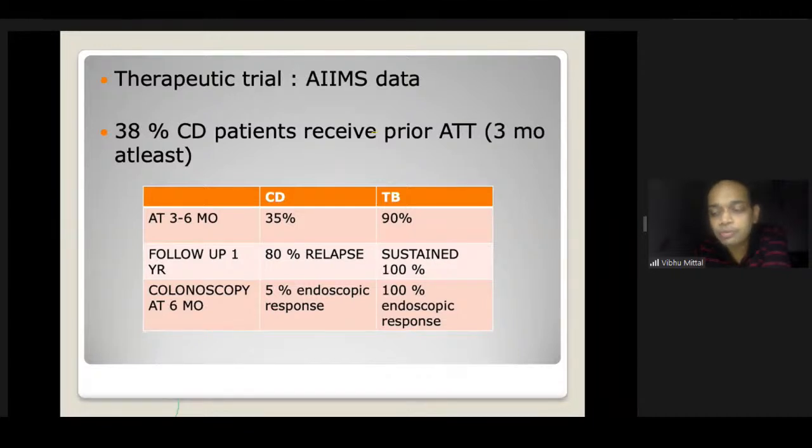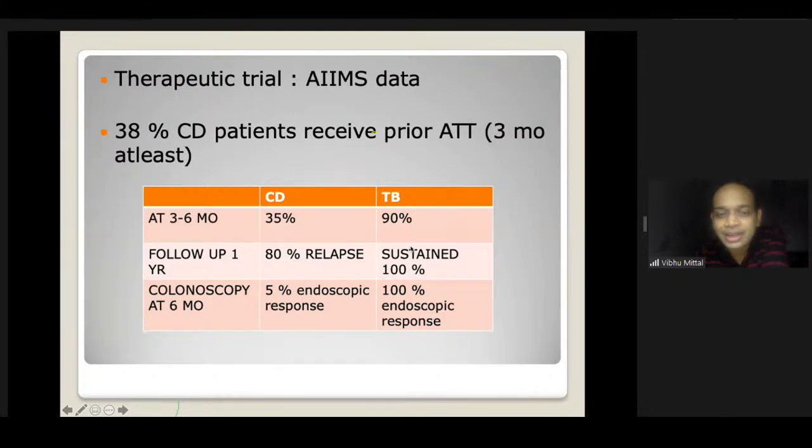While for tuberculosis, it was 100% endoscopic response. So this means in Crohn's disease also you can have a clinical response with ATT, but it would not be sustained and it would not be an endoscopic response. While for tuberculosis, it would be a sustained endoscopic response.